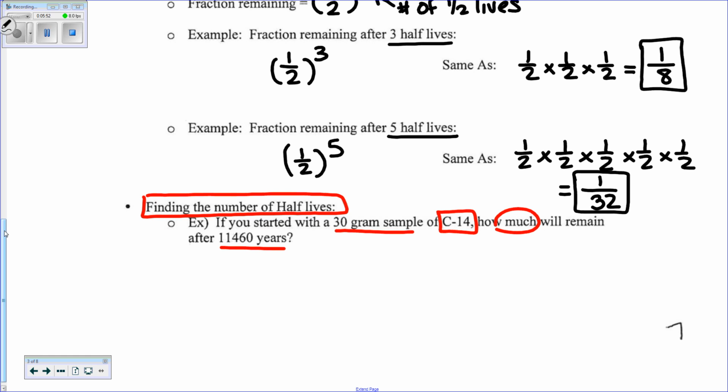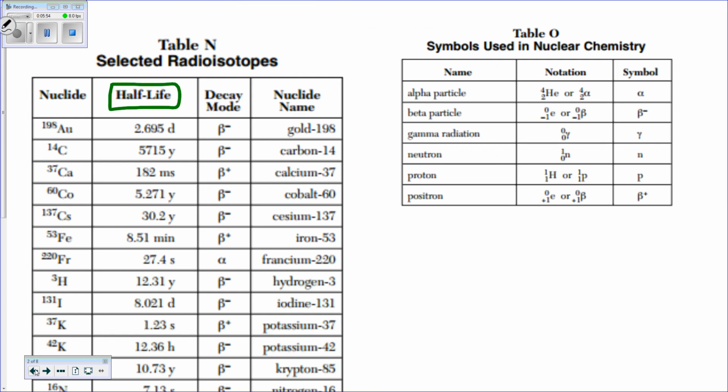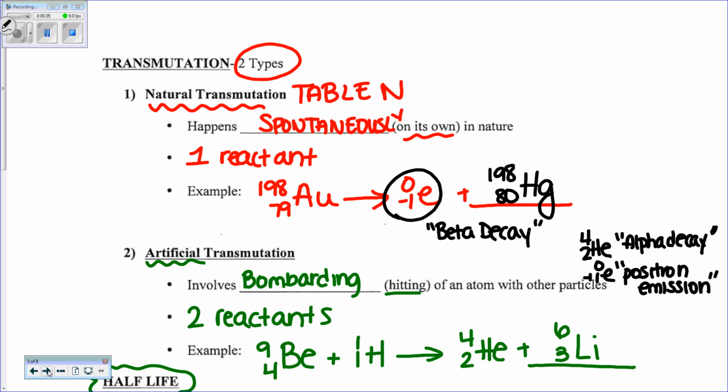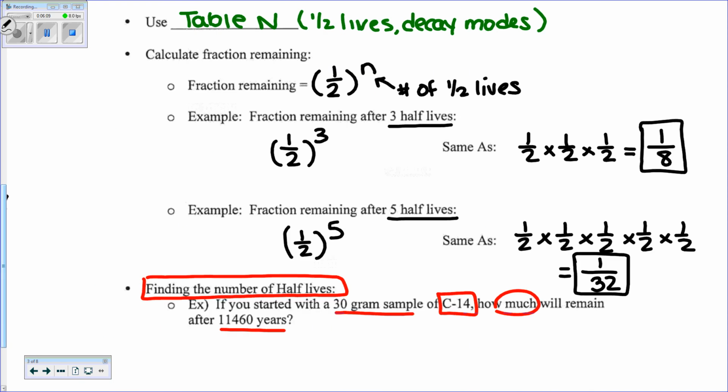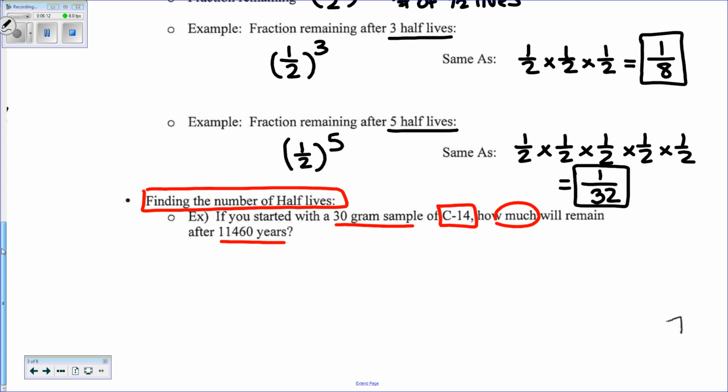Let's figure out what the half-life actually is. So carbon-14 is right here. I see that it does a beta decay, and its half-life is 5,715 years. So carbon-14, 5,715 years. That is its half-life.